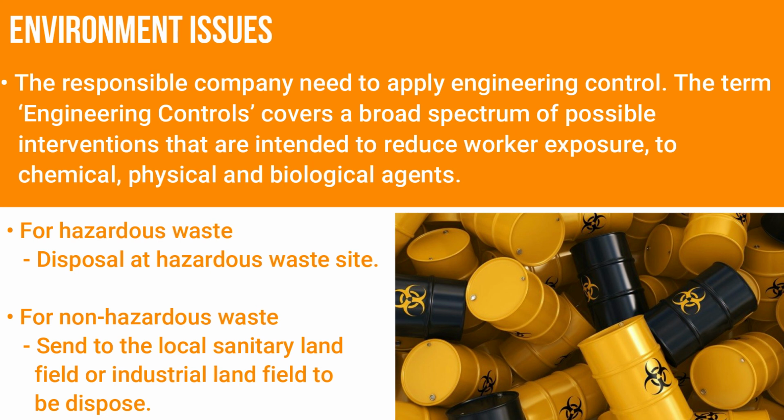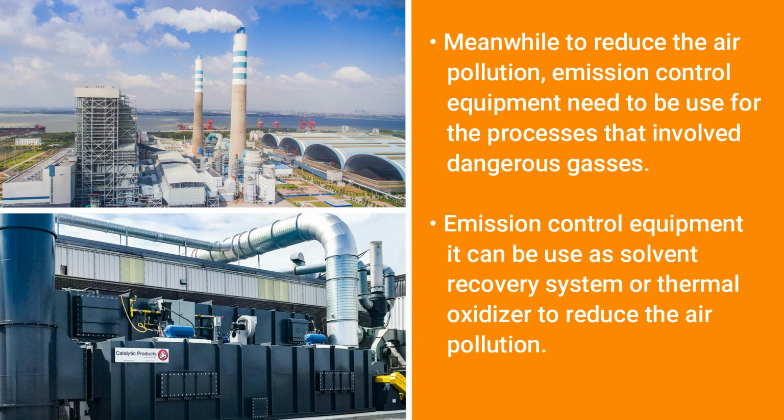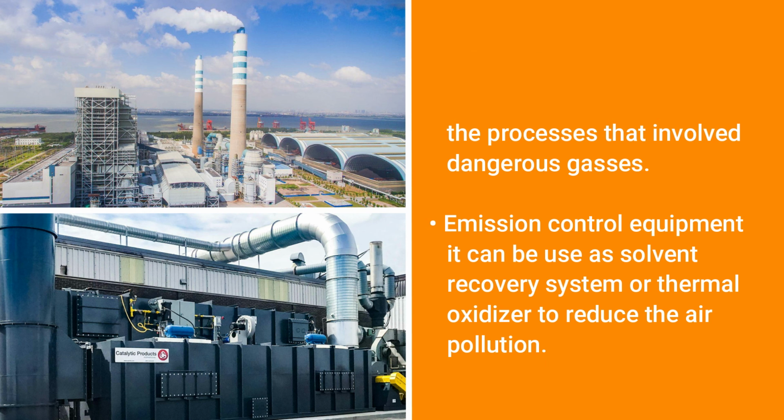Non-hazardous waste needs to be sent to the local sanitary landfill or industrial landfill to be disposed of. Meanwhile, to reduce air pollution, emission control equipment needs to be used for processes that involve dangerous gases. Emission control equipment can be used as a solvent recovery system or thermal oxidizer to reduce the air pollution.